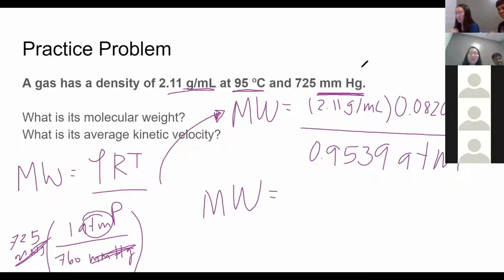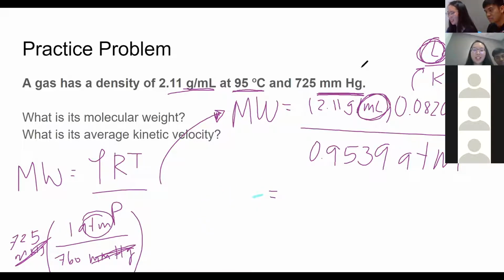Michael made a really good point. The units of the gas constant are liters ATM over K moles, and this is in mLs. If it's in mLs, it will not cancel out with the liters, so we have to convert density to liters.